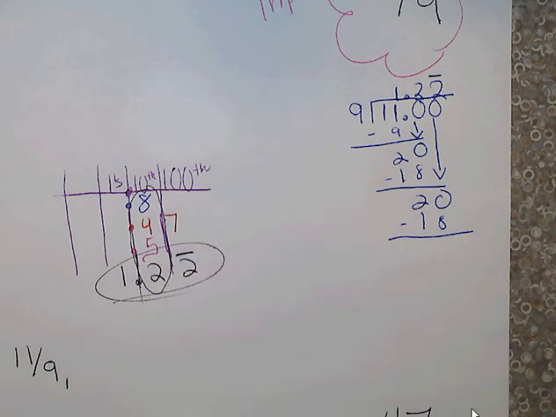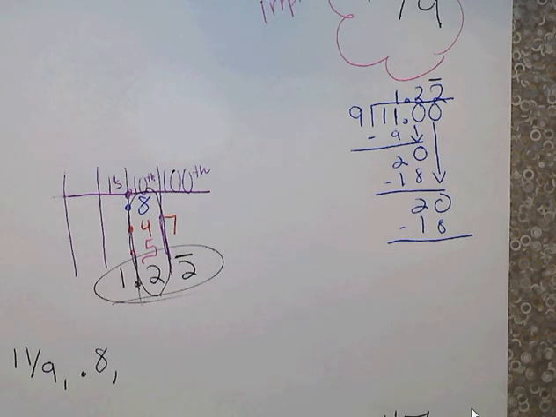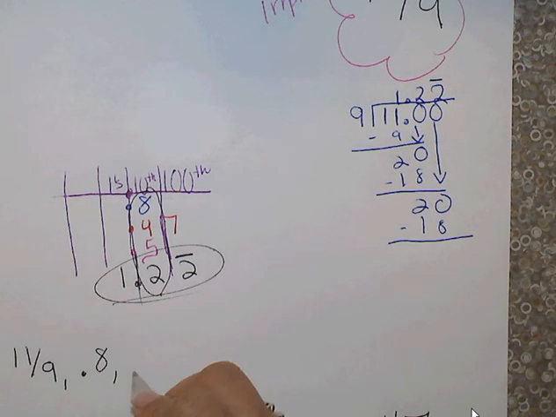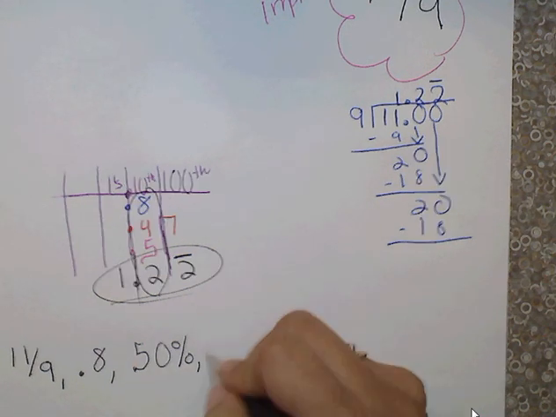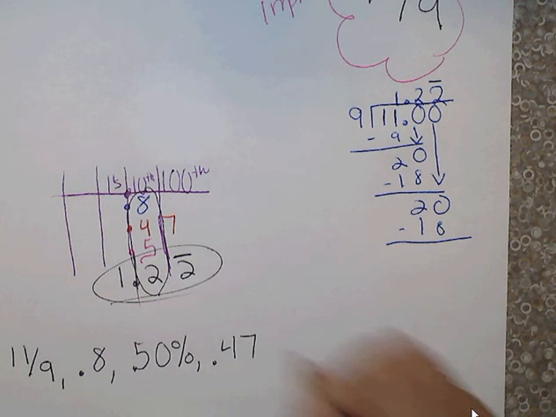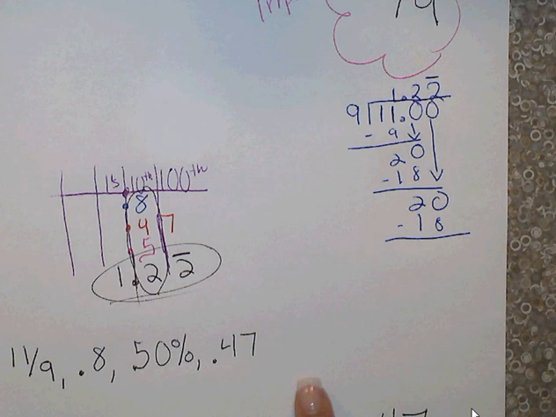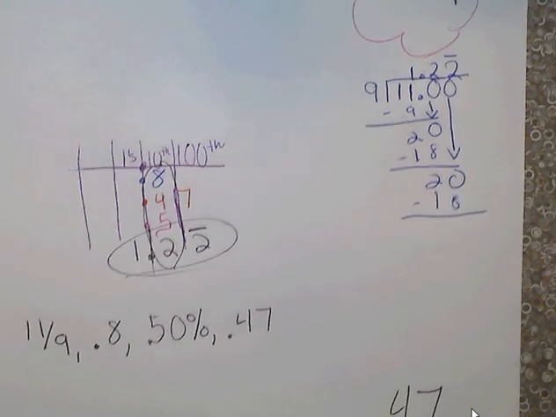So now I have 8 tenths. And then 5 tenths, which was the 50%. And then 0.47, last but not least. So this is in order from greatest to least.